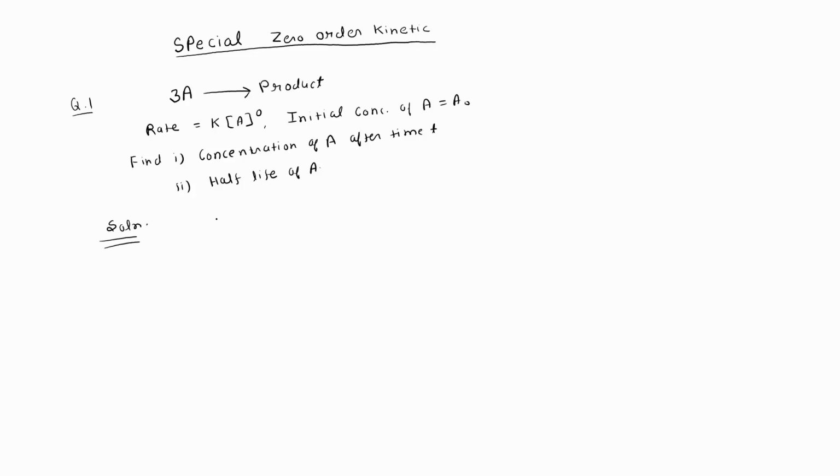How will the solution go? The rate is given, R is equal to K. And from the first lecture we can also write rate R is equal to minus 1 by 3 dA by dt. So this rate is equal to this rate.